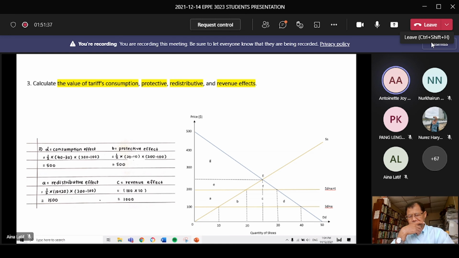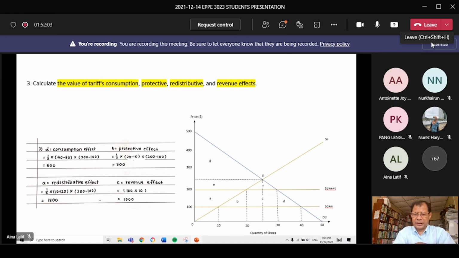And then for the last one, we have the redistributive effect, which is equal to 1,500. This is the transfer of consumer surplus to domestic producers. So these 4 are the major implications of imposing tariffs to small nations.